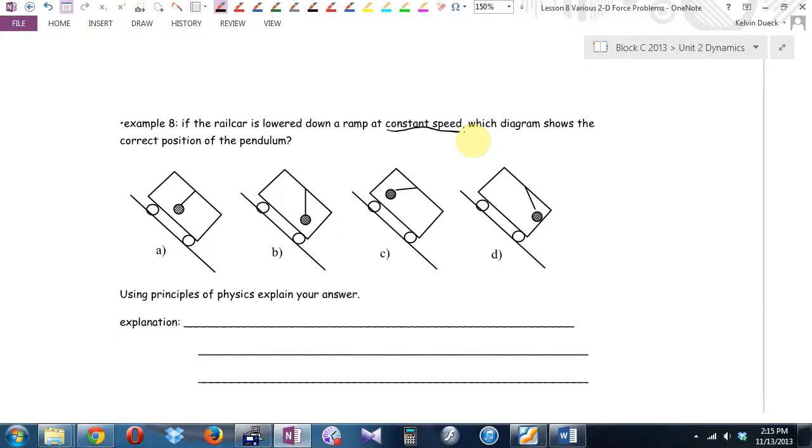What do you think? Oh, people are doing some deep thinking. Who says A? Who says B? You'd be correct.